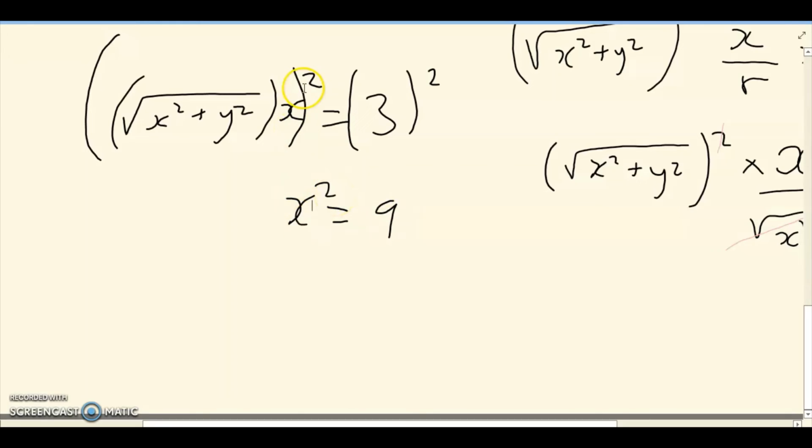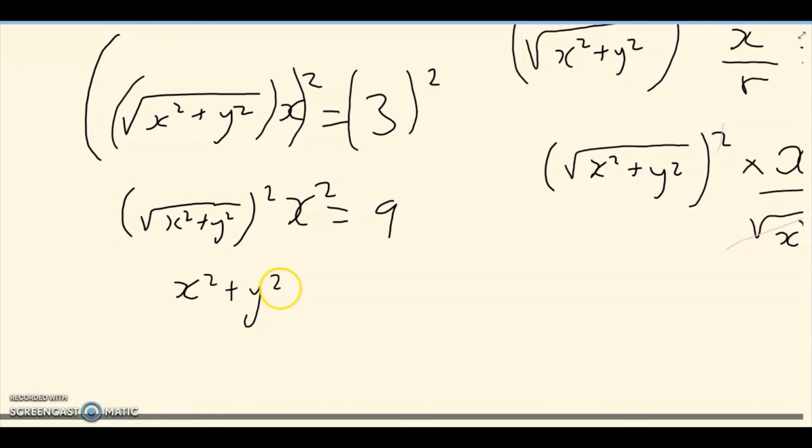Remember, the square redistributes, this and that, times root of x squared plus y squared, which is just x squared plus y squared, multiplied by x squared equals 9, right?